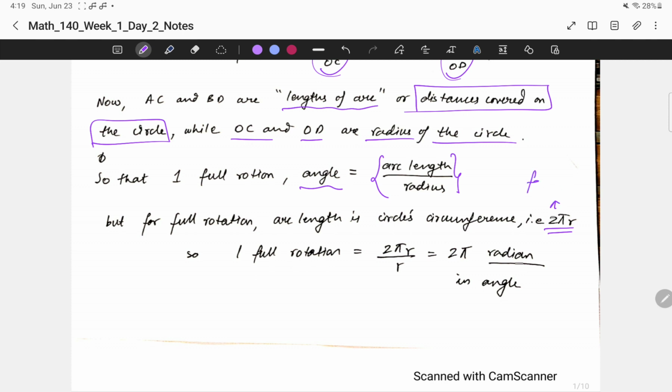So one full rotation would be 2 pi r over r, which is 2 pi. And the unit we use for this is called radian. So that's the more natural way of measuring angle. We say that going around the circle one time, the angle equals the ratio of the length covered, which is 2 pi r, divided by the radius, which gives me 2 pi radian.